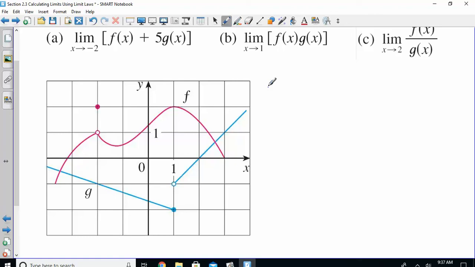If I ask for part A, the limit as x approaches negative 2 of f of x plus 5g of x, well, I don't have to go to my graph and find f plus 5 times g. We can use our laws and say that means the limit as x approaches -2 of f of x, because I can take the limit of each of those. The 5 we know we can write in front of our limit.